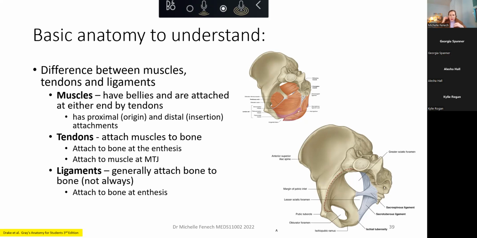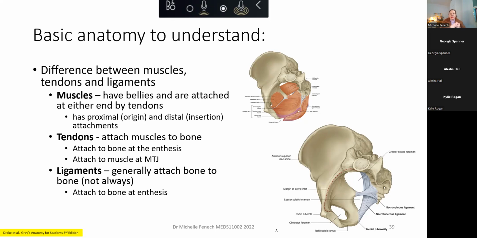We're not going to talk about it too much. We certainly look at these entheses, the plural of enthesis, with ultrasound, because we see really small structures. At this level we're not going to use that term. I might refer to it slightly, but it's just where the tendon or the ligament attaches at the bone.